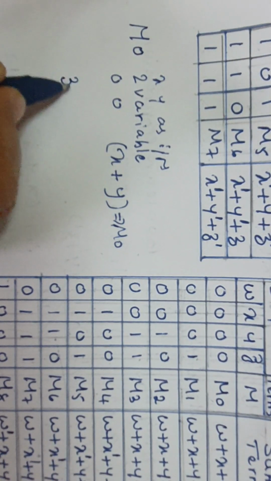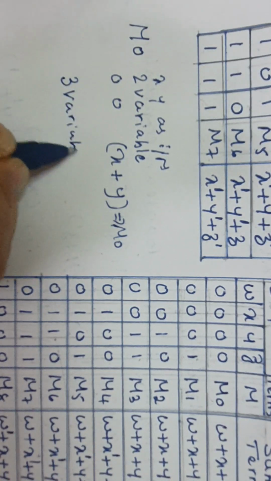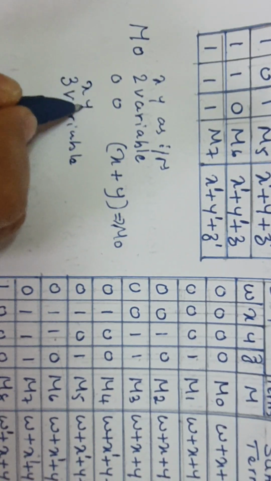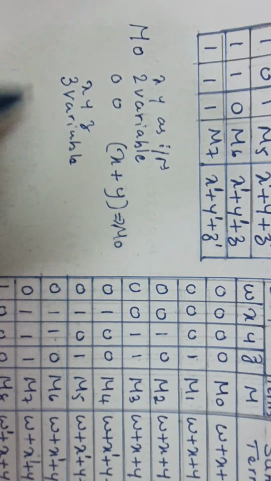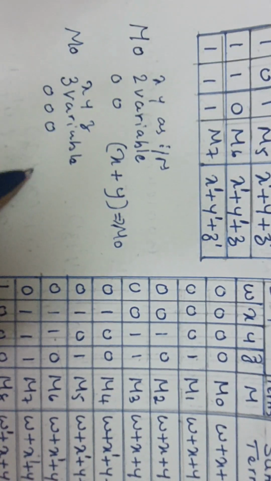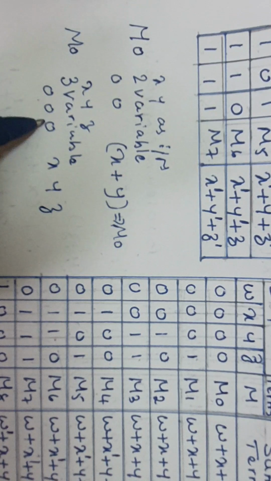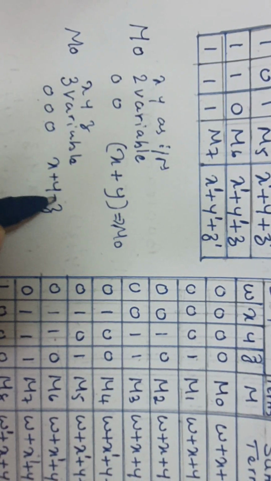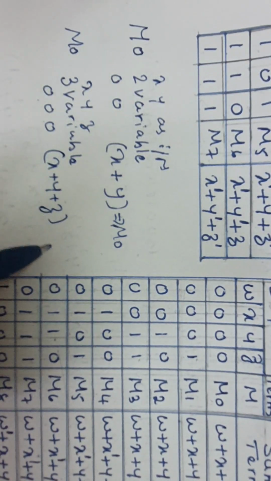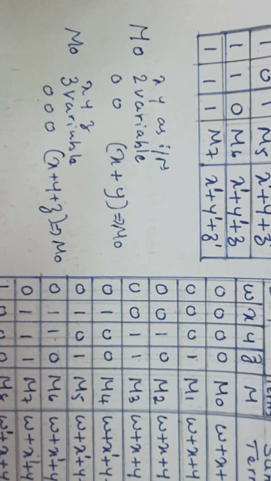Similarly, in a 3 variable system, if you take inputs as x, y, z, so for m0 the input conditions are 0, 0, 0. Then x, y, z must be written as they are because they are 0. In between put plus sign, and this forms m0 in a 3 variable system.